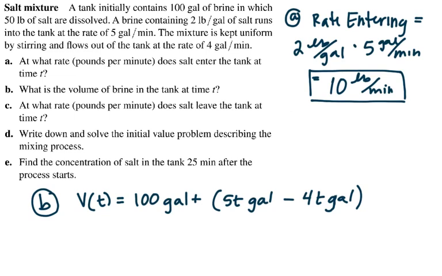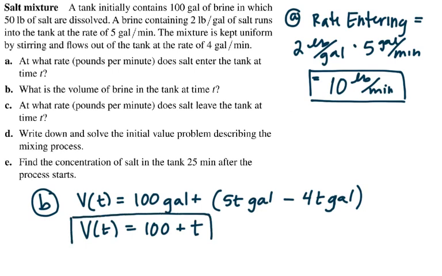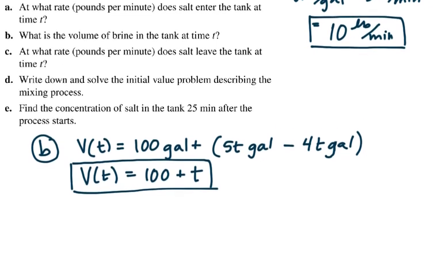So what we have here is the initial brine plus the rate at which it's entering minus the rate at which it's exiting. And I can simplify this because what I end up with is V of t equals 100 plus that 5t take away 4t is 1t. So I have 100 plus t as my volume function in terms of t.